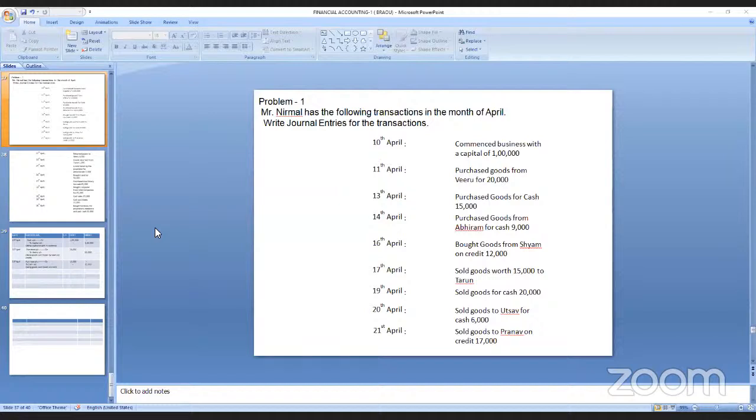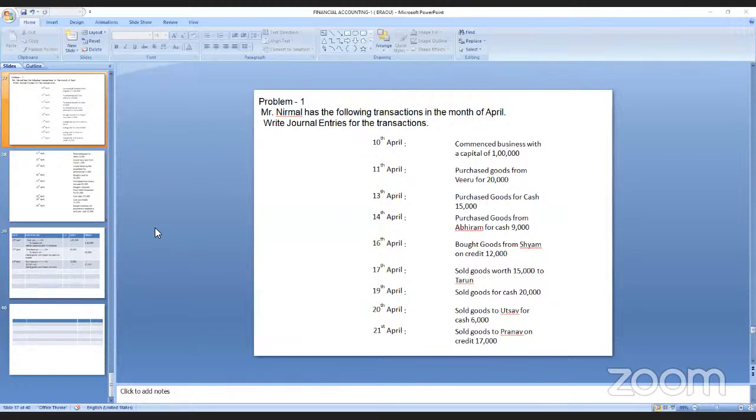Yes, Kalyan. Yes, Krishna. 21st one, Pranav account debit to sales account, because he has sold goods on credit.